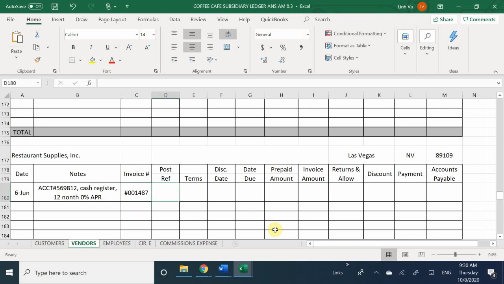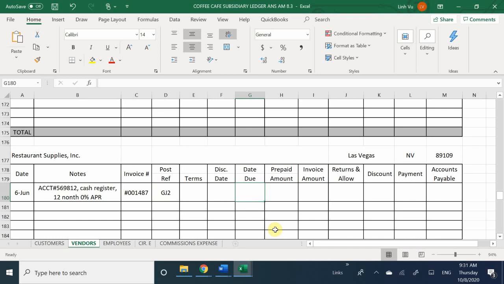All right, post reference again is my general journal number 2. This time I do not get terms. I do not get a discount date, and my due date, I'm just going to assume I haven't received my bill yet, so I don't know when my due date is for every single month. So in this case, I'm going to leave these blank until I actually receive the bill next month and then determine what my actual due date is for every single month.